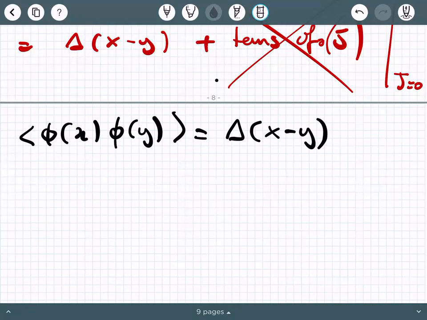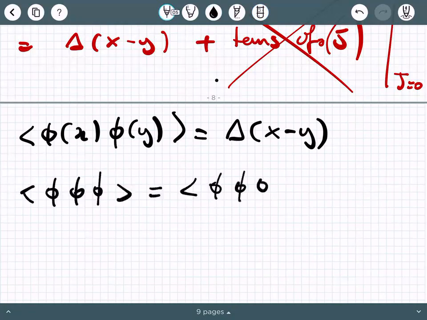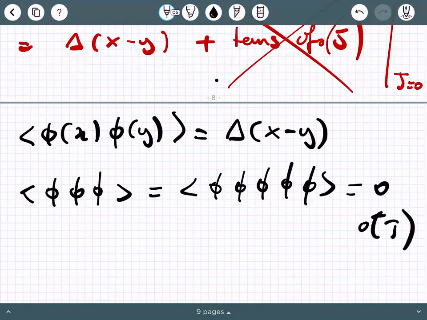And what we're going to find is that typically any odd number of fields is going to be zero, because they are going to be order J in the end of the day, because I cannot kill all the J's in the prefactor by functional differentiation.